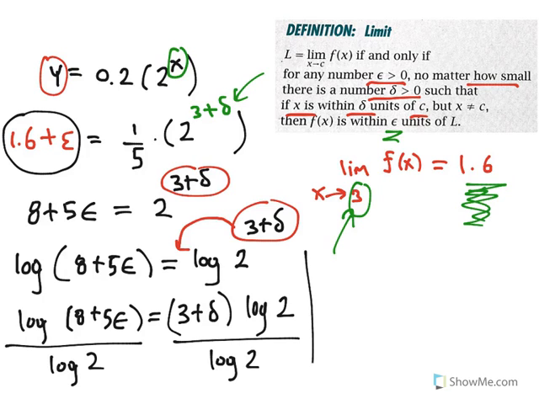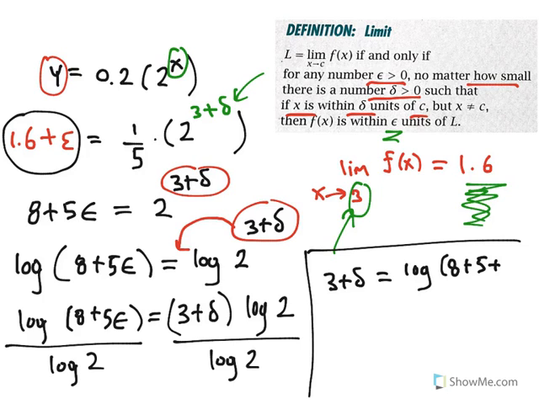So now on the right side, we will just have 3 plus delta, and we can switch the two sides, so on the left side of the equation we will have the common logarithm of 8 plus 5 times epsilon, divided by the common logarithm of 2.